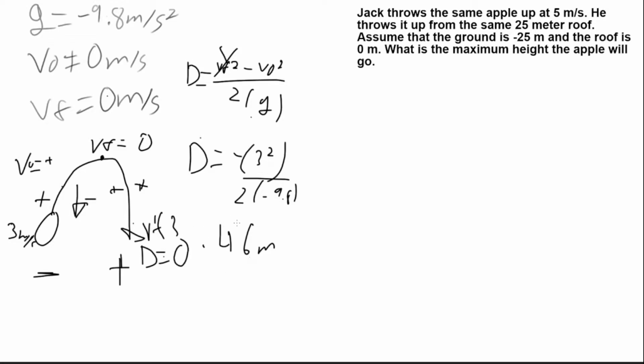Or it would be 0.46, and if we just double 0.46, not 0.44, my apologies, just pretend it's 0.46, and multiply that by 2, that would equal 0.92 or 1 meter total.